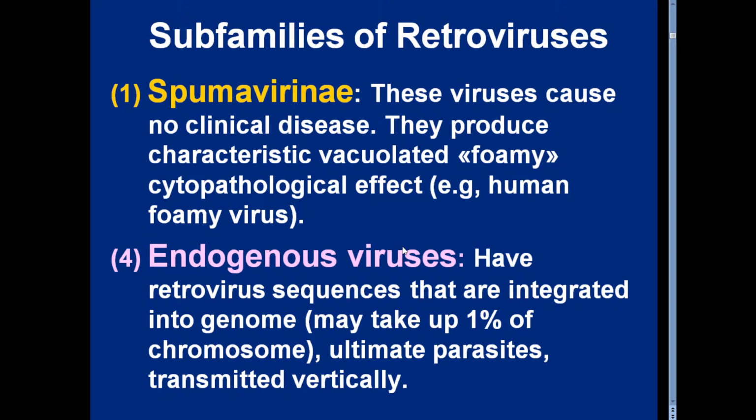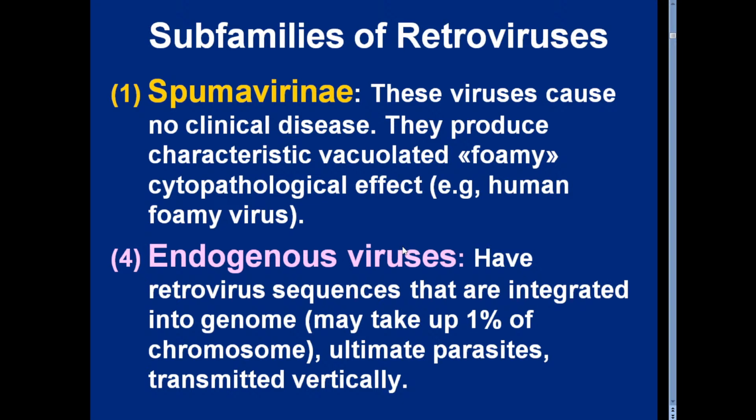A short word about each subfamily. Subfamily Spumavirinae. These viruses don't cause clinical diseases. They produce a characteristic vacuolated or foamy cytopathological effect. That's why the name is Spumavirinae. Endogenous viruses have retrovirus sequences that integrate into the genome.